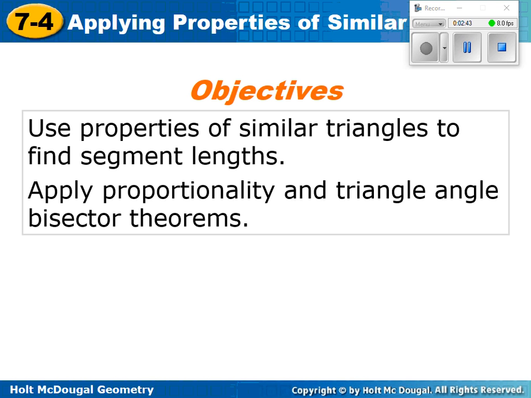And so the long way to work the problems is what we've been doing. We've been trying to prove that 2 triangles are similar. And once we've proven that they're similar, then we've had some measurements.